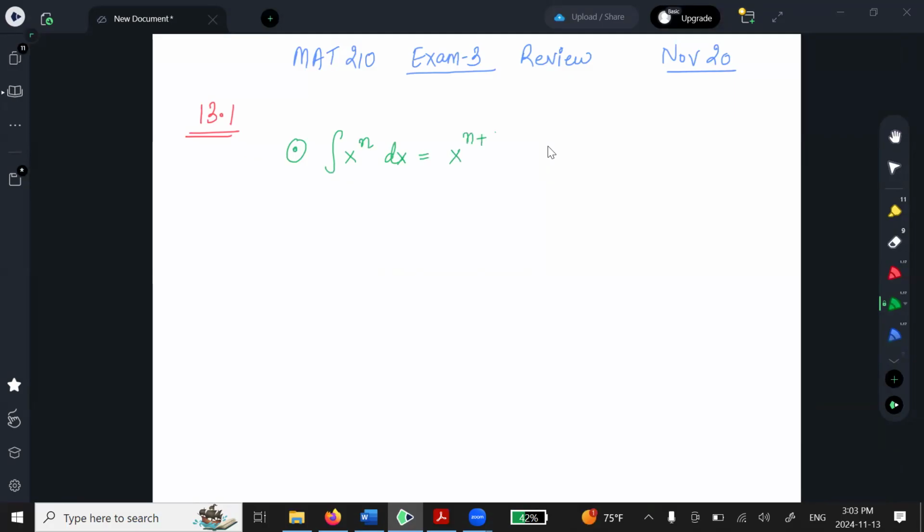You add 1 to the power and divide by it, and there you go. Done. Easy peasy, right? The other formula you should be aware of is integral of 1 over x. Now that's a special guy. What is that integral? It's ln x plus c.